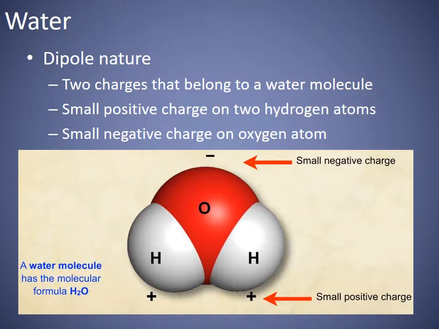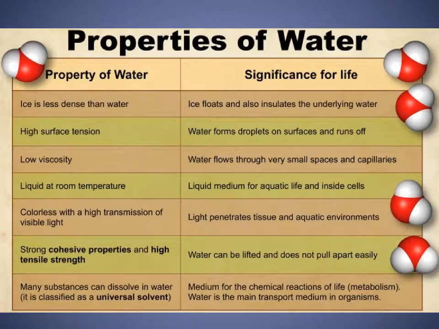Now, taking a look here, this is just to explain more of the polarity between a water molecule. Water is dipole in nature, meaning that there's a difference of charge across the molecule. Again, oxygen has a partially negative charge, while hydrogen atoms here have the partial positive charge. Taking a look at some of the properties of water here, when water freezes, it expands, becoming a solid.